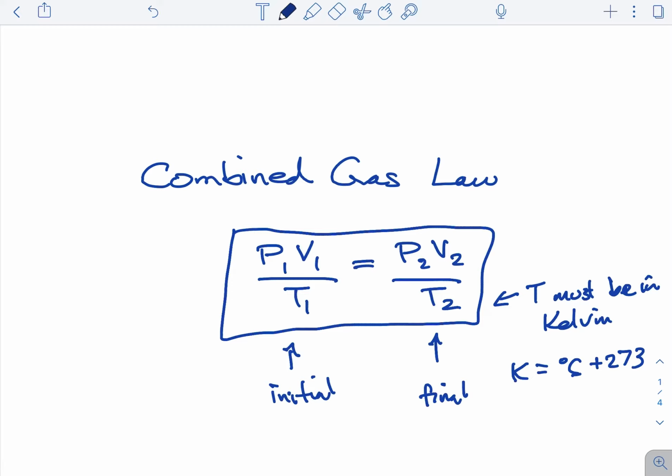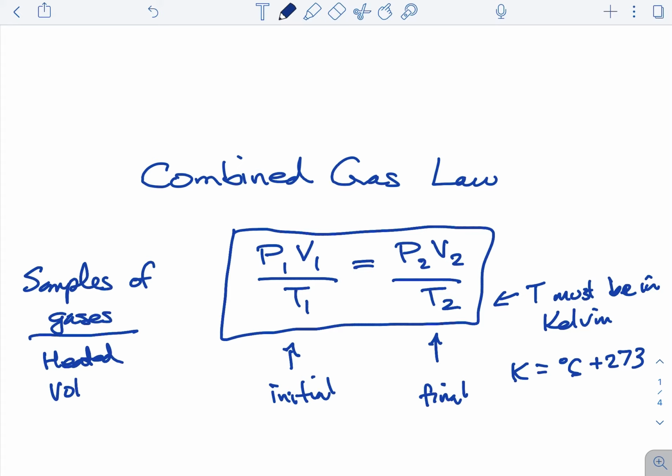I will note that this is for samples of gases that are heated, or the volume is changed, and sometimes we say compressed if you're decreasing the volume, for example, or if you are changing the pressure in some way, okay?